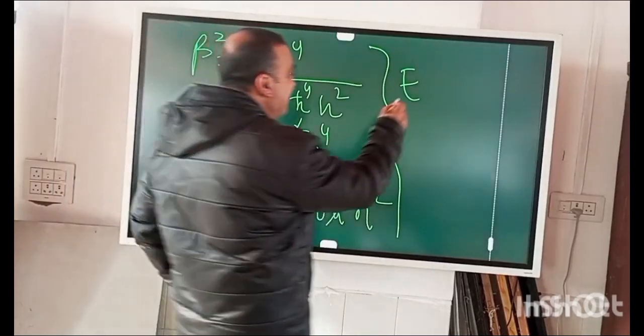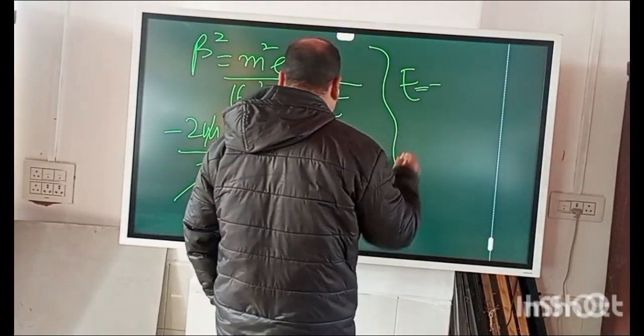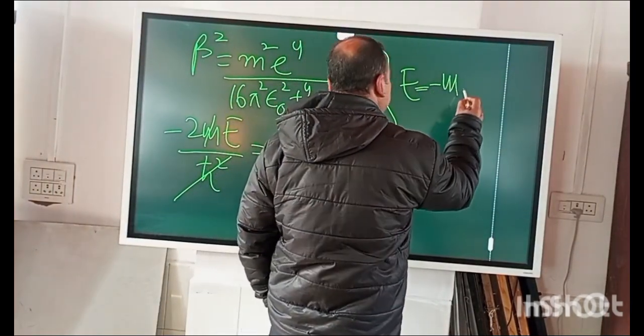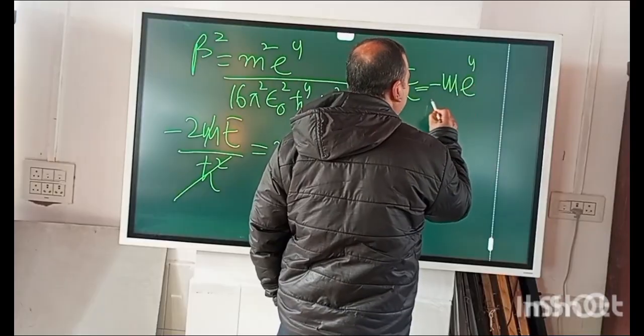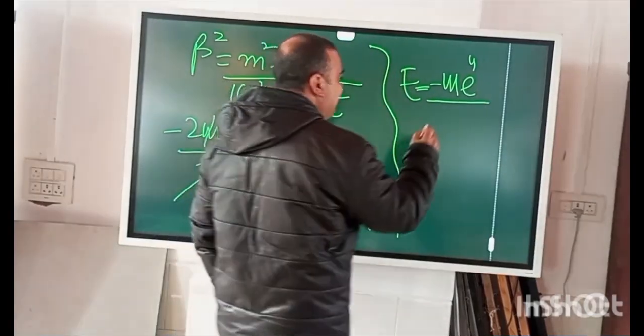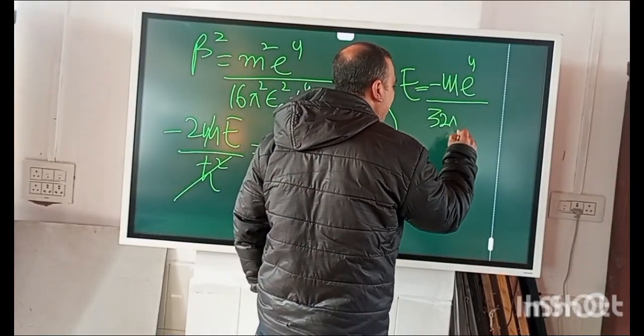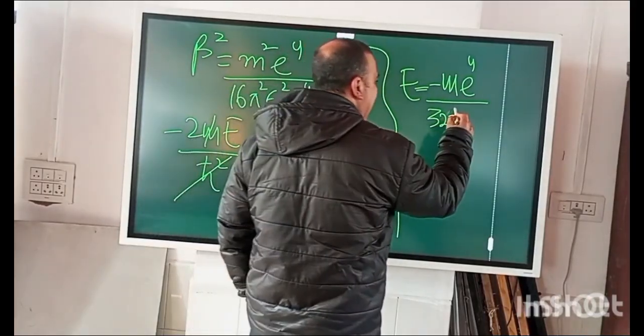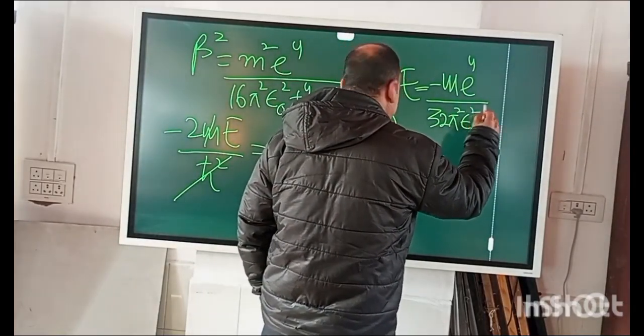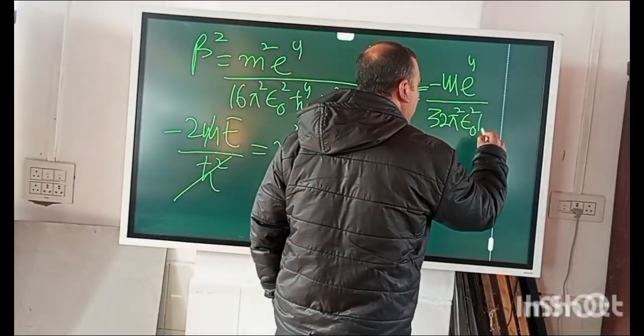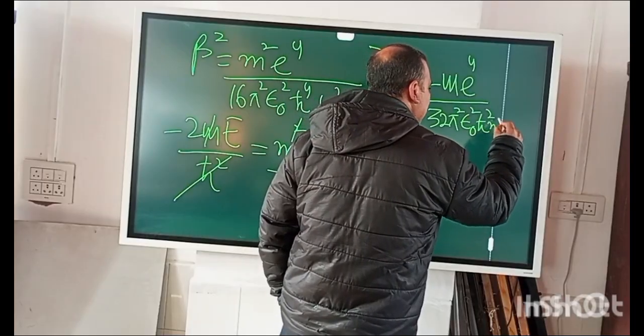So E will be minus m e to the power of 4 divided by 32 pi square epsilon naught square h bar square n square.